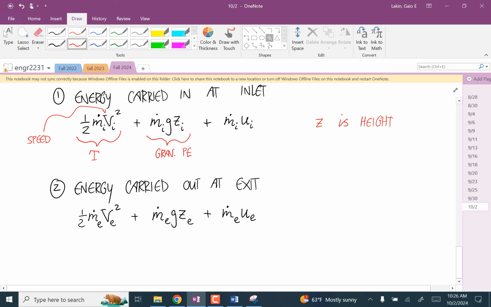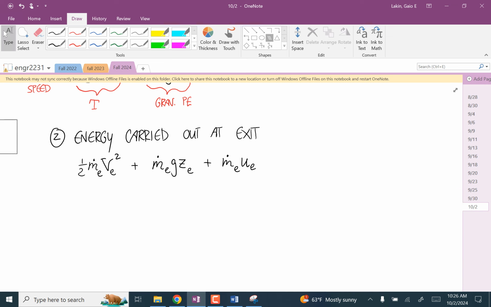I don't want to use H because we're going to use that for enthalpy eventually. All this could be avoided if we had more letters in our alphabet.